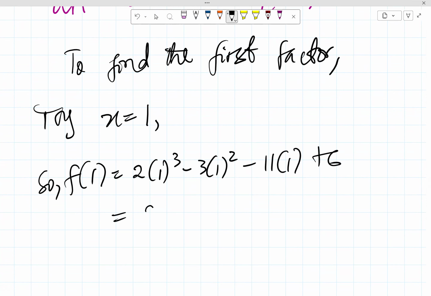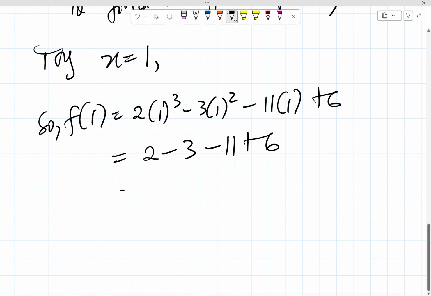So this is 2 minus 3 minus 11 plus 6. For the negatives we have minus 14, and 2 plus 6 is 8. So 2 minus 3 is minus 1. Minus 1 minus 11 is minus 12. Minus 12 plus 6 is minus 6. This is not equal to 0.